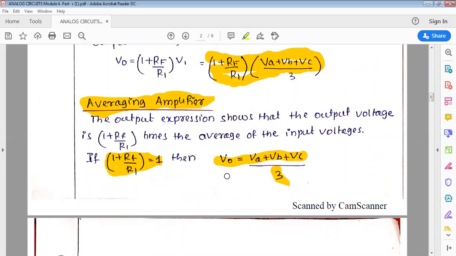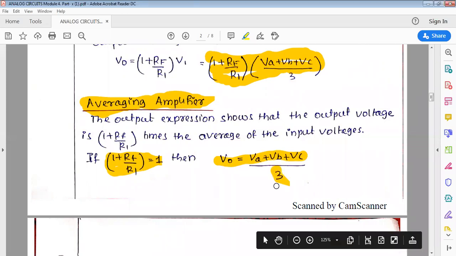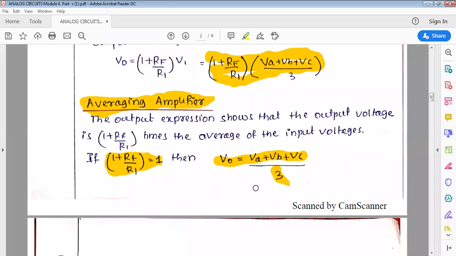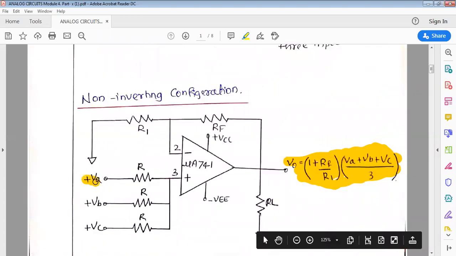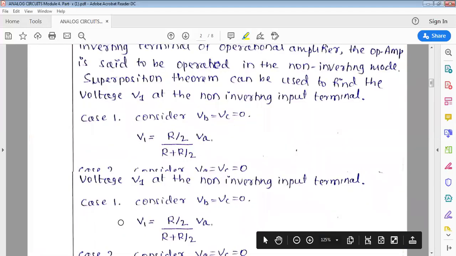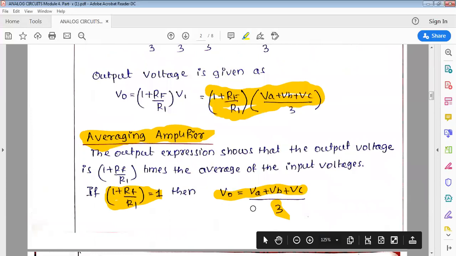As you can see, this output is nothing but the average of the three power supplies applied at the input terminals. You can see here, one is VA, another is VB, and the third is VC. As this output is the average of the three power supplies, this is called an averaging amplifier.